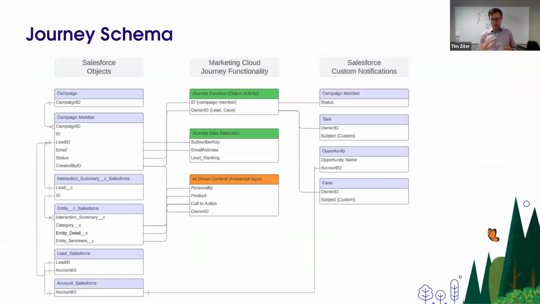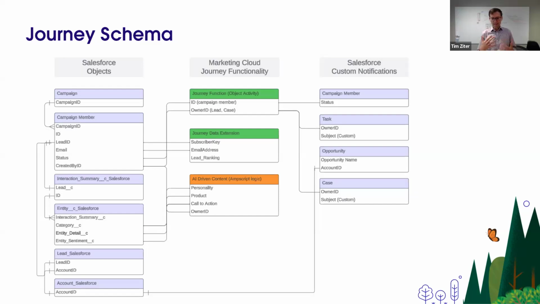Before we dive into those three scenarios, I wanted to walk through the schema, a lot of what Hunter took you through in the demo, and how these different data points are going to be brought into Marketing Cloud and then fed back into Salesforce CRM. Over here on the left, we've got those Salesforce objects, our standard objects. You might be using campaign and campaign members.